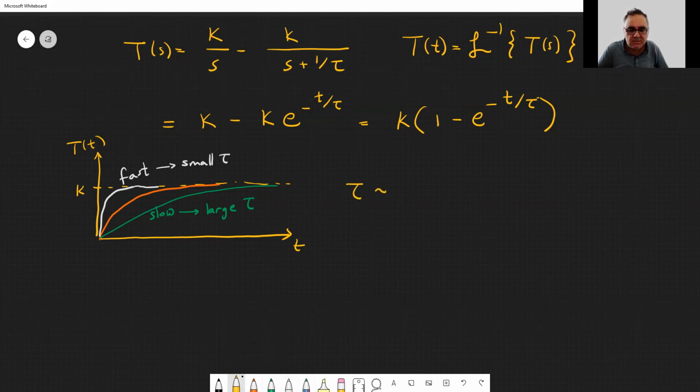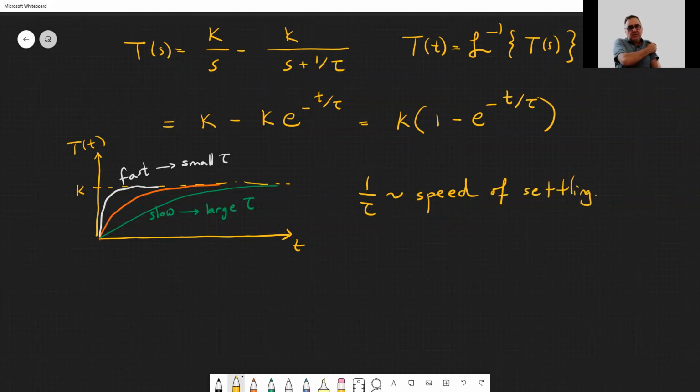Tau is, but I should say not tau, but 1 over tau is proportional to the speed of the system. Speed of settling, let's say. When you put an input to a system, depending on the time constant, it can reach the steady state fast or slow. If it has a small time constant, it reaches the steady state fast.